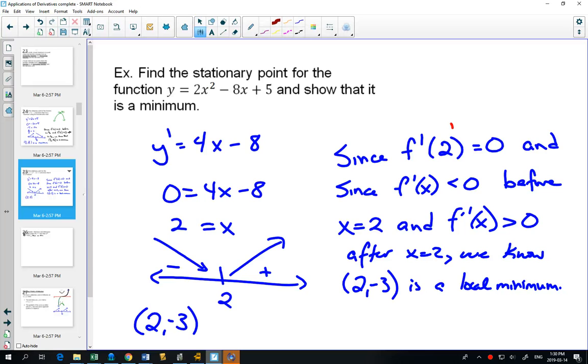You're going to need to state that it was equal to 0, since f prime of 2 is equal to 0, and since it changes from decreasing to increasing, or the derivative changes from negative to positive at x equals 2, we know that that is a local minimum. So the diagram shows it, and our statement shows it as well.